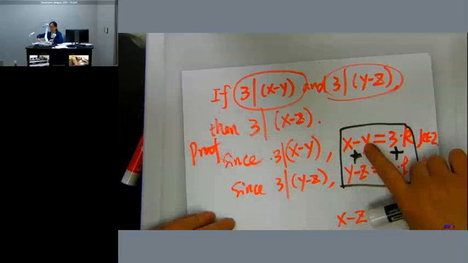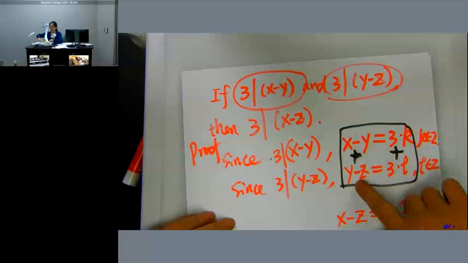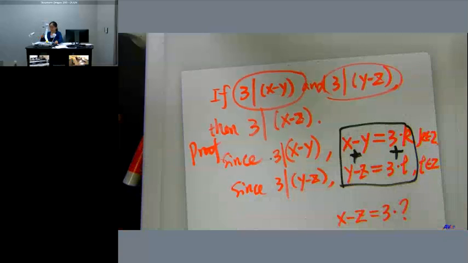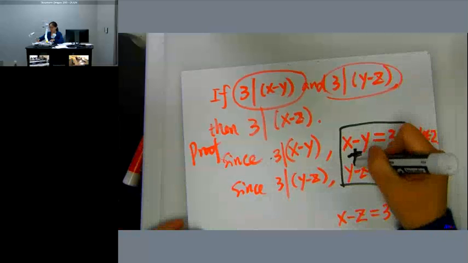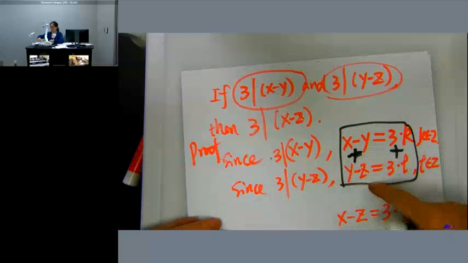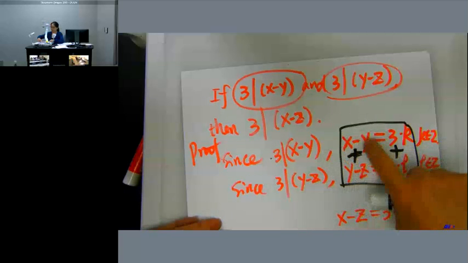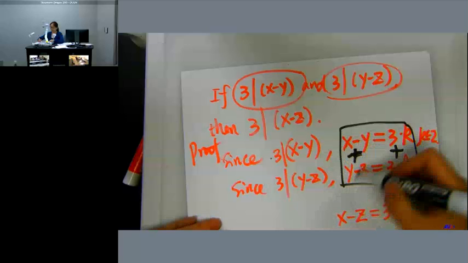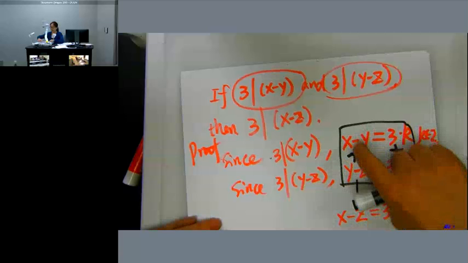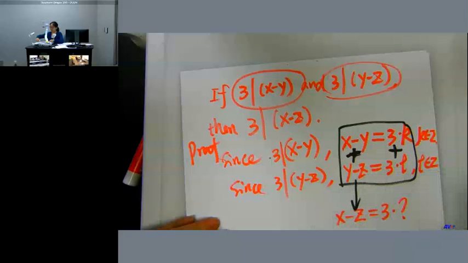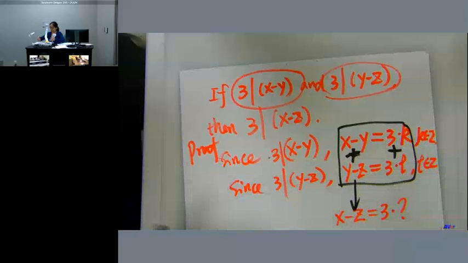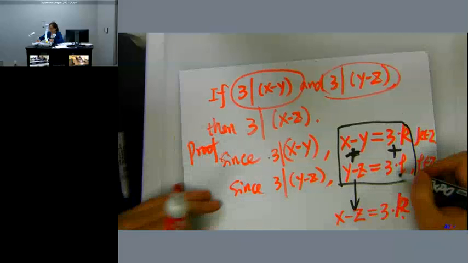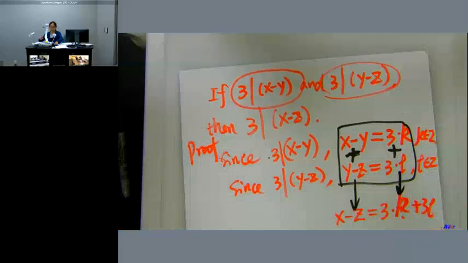Solve for y in the first one and plug it into the second one, or solve for y in the second one and plug it into the first one. Either way is fine. Or maybe the quickest way is to just add. So what is x minus y plus y minus z? X minus z, right? Because negative y cancels positive y. You're going to get x minus z. And on the right-hand side, you're going to get 3k plus 3l. Is 3k plus 3l a multiple of 3?